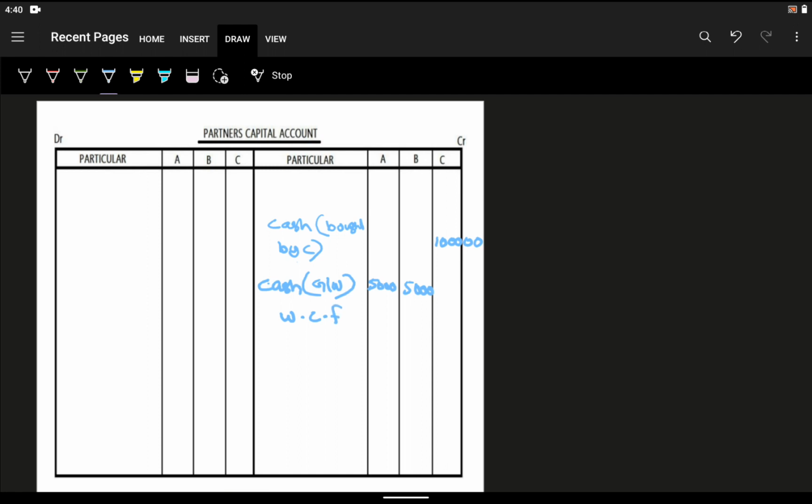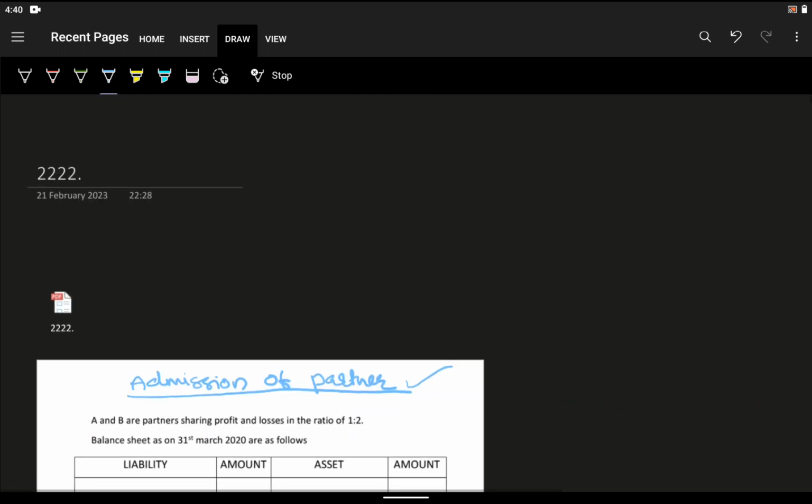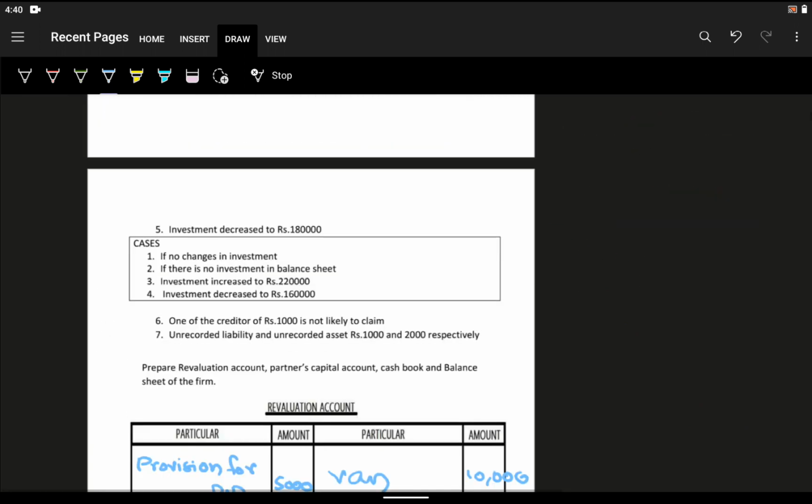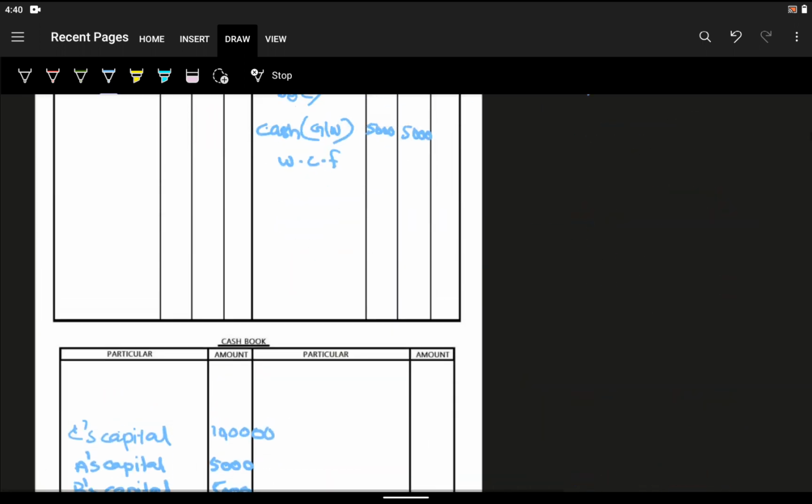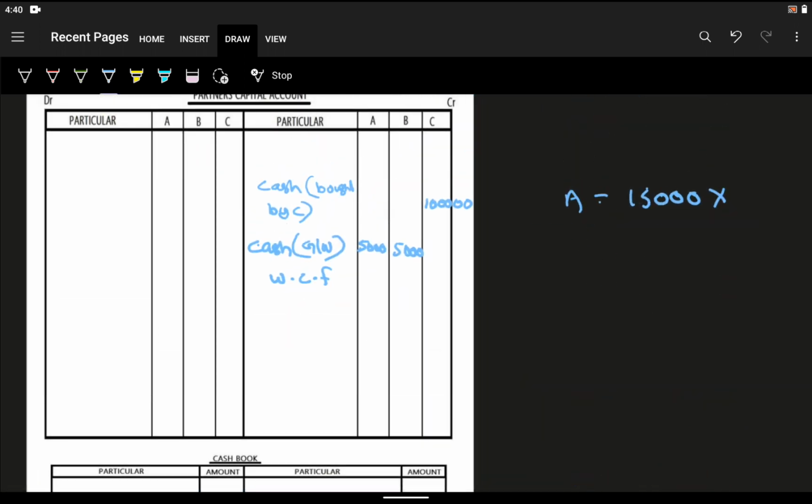15,000 into what is the ratio? Sorry, the ratio is 1 is to 2. So we will divide by 1 by 3.